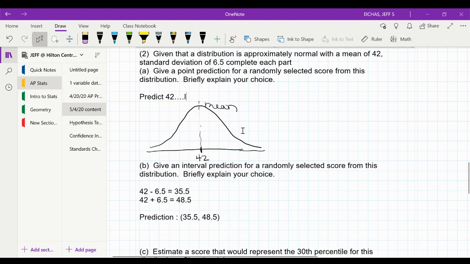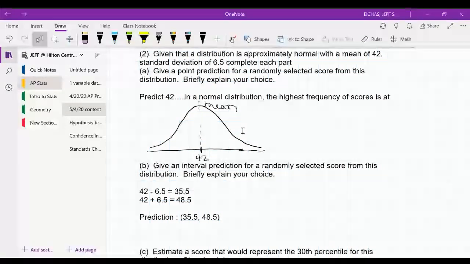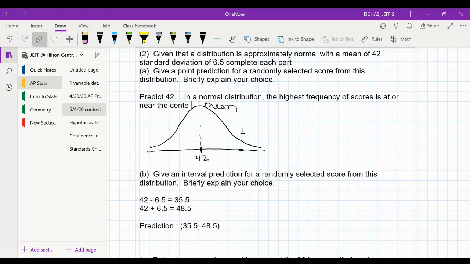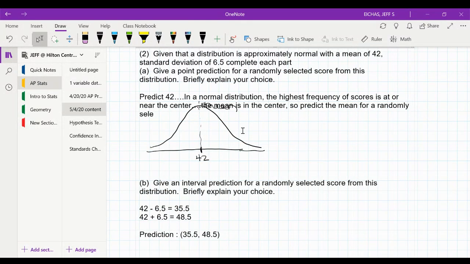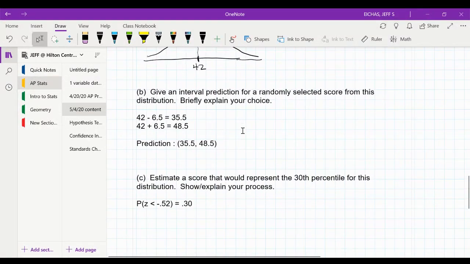So in a normal distribution, the highest frequency of scores is at or near the center. Mean is in the center. So predict the mean for a randomly selected score.